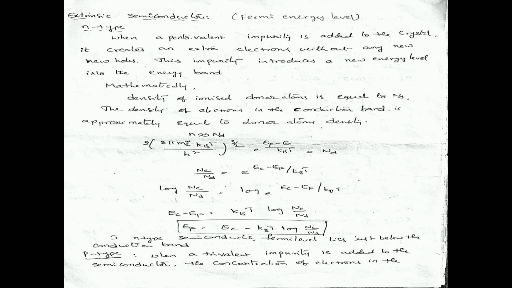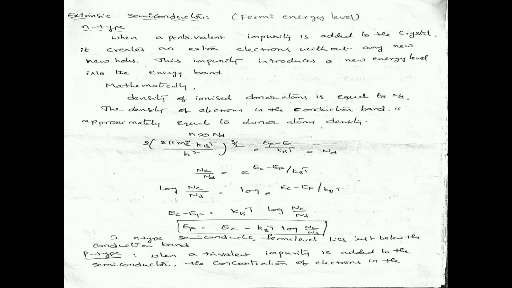So Nc by Nd is equal to e power (Ec minus Ef) by kBT. Take log on both sides. Ec minus Ef is equal to kBT log Nc by Nd. Ef is equal to Ec minus kBT log Nc by Nd.